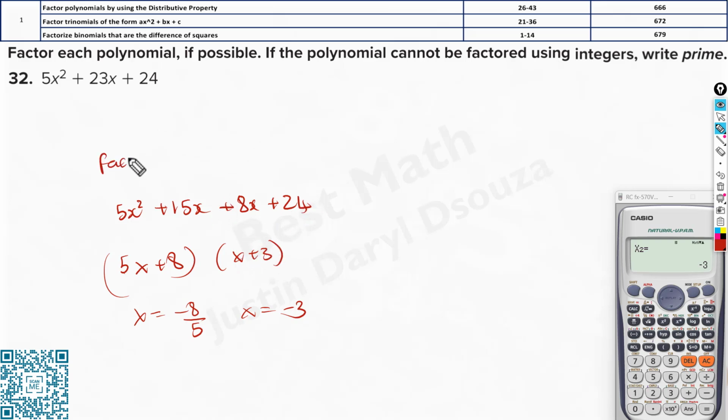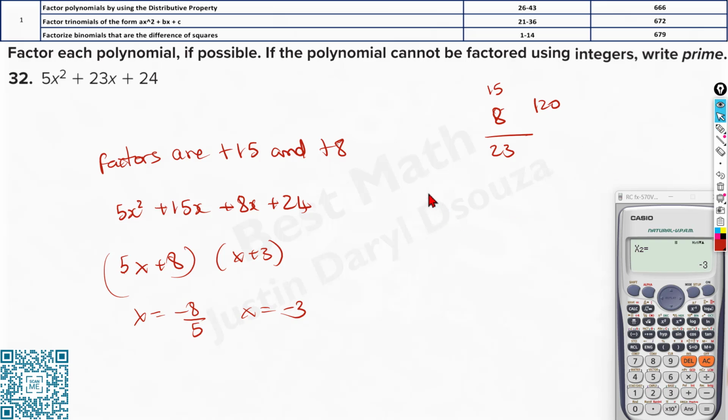Now here the factors are plus 15 and plus 8. If you do 5 times 24, that is 120, and over here we have 23. You can get it by 15 and 8. So 15 times 8 will be 75, 90. Yeah, it's 120. And obviously it should be because we have got it from here, but just double checking. And when you add it up, it's 23.